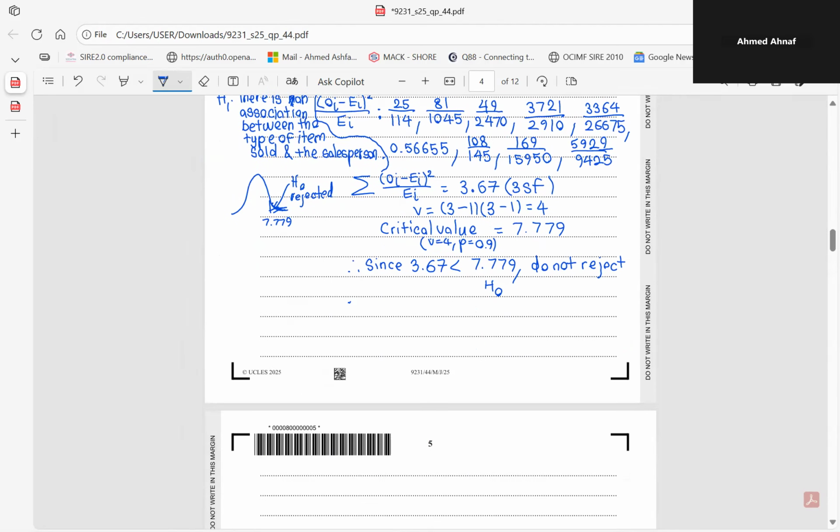So I guess we can say that there is sufficient evidence to suggest, okay, we write it in full, that the type of item sold and the salesperson are independent.